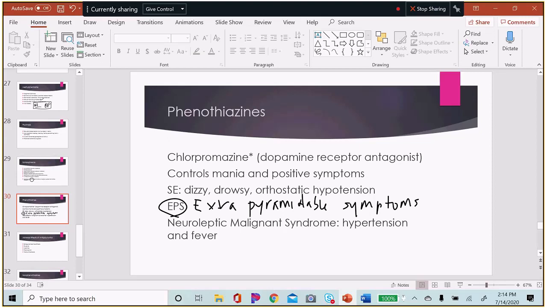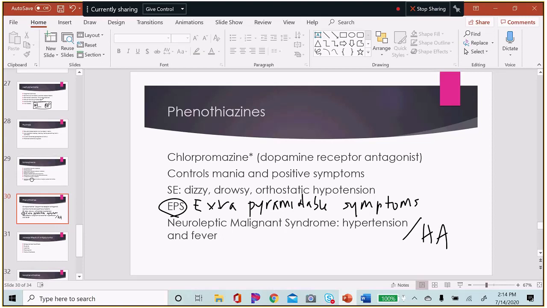Other side effects include dizziness, drowsiness, and orthostatic hypotension. And with phenothiazines, there's a risk of something called neuroleptic malignant syndrome, which means the patient who's on this medication can develop a fever, and that fever can lead to headache and hypertension that gets very severe. This neuroleptic malignant syndrome can be triggered by extreme temperatures.